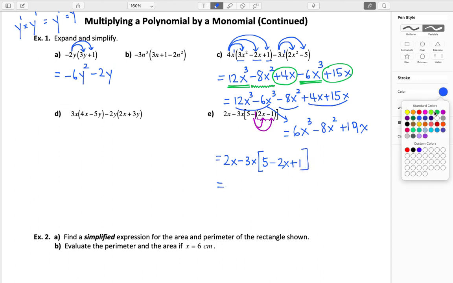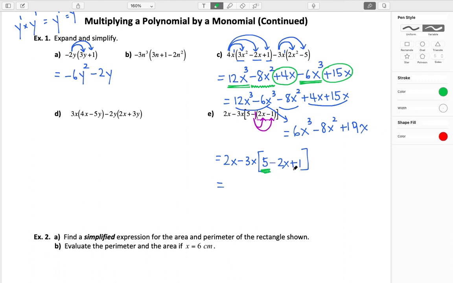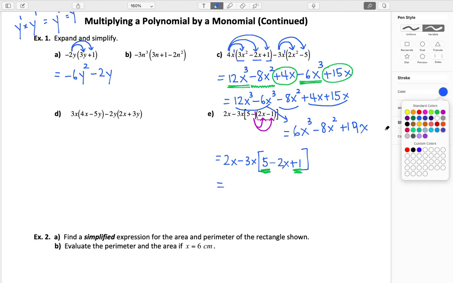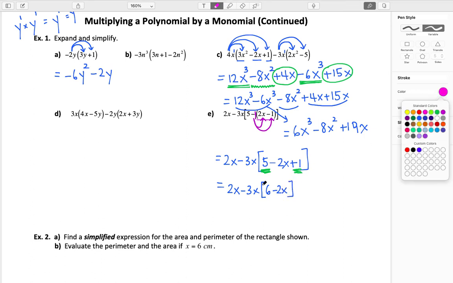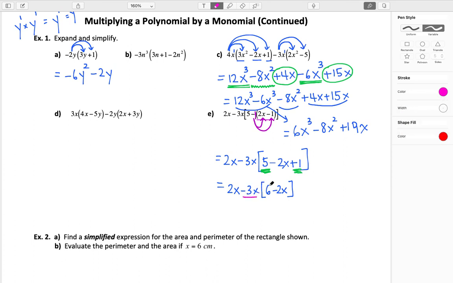Before I distribute anything, I notice that I have like terms with a number and a number. So 5 plus 1 is 6 minus 2x. Now, in order to get rid of the square bracket, we notice that negative 3x is in front of this bracket.